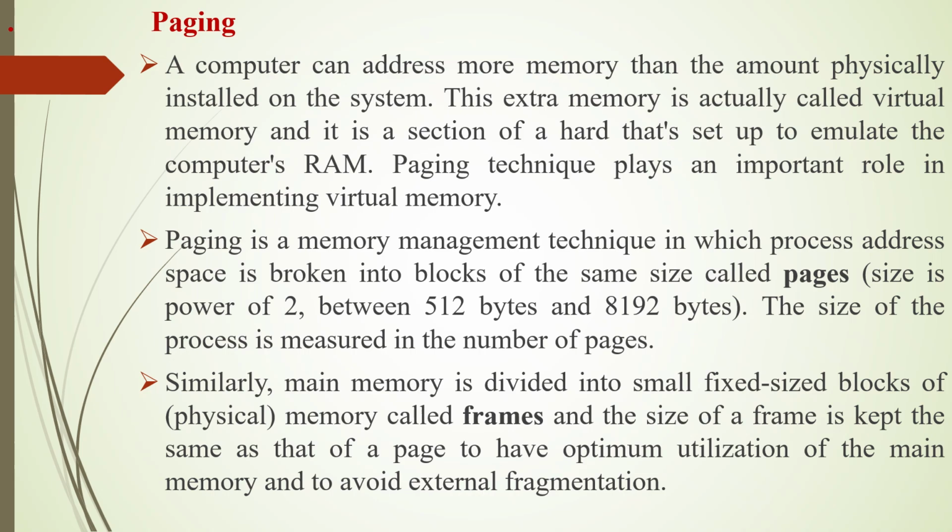The size of a process is measured by the number of pages it contains. Similarly, in the computer's physical memory, RAM is also divided into fixed size blocks called frames. An important point is that the size of the frame is exactly the same as the size of the page. This allows any page to fit perfectly into an available frame in memory.